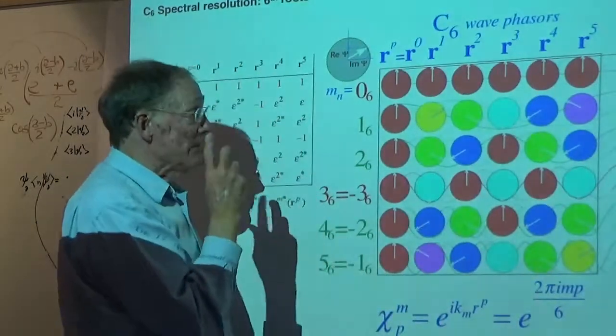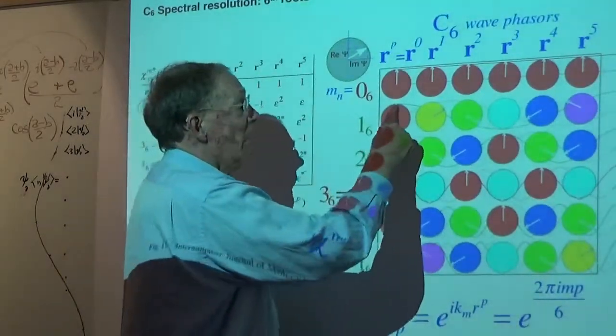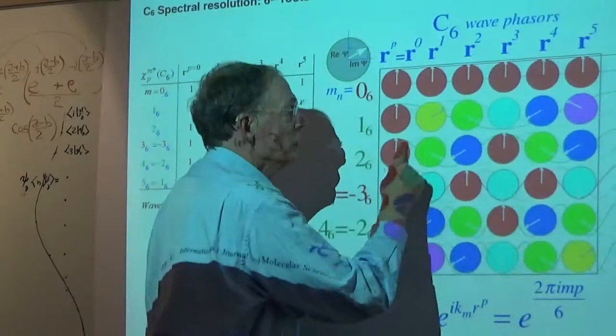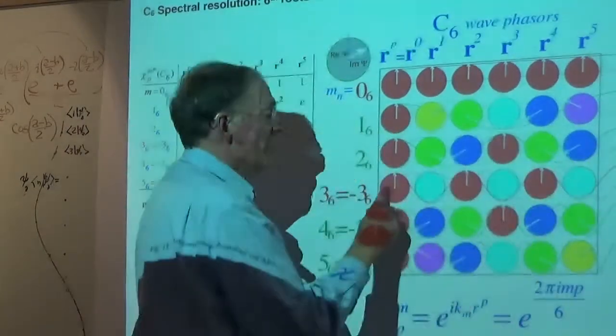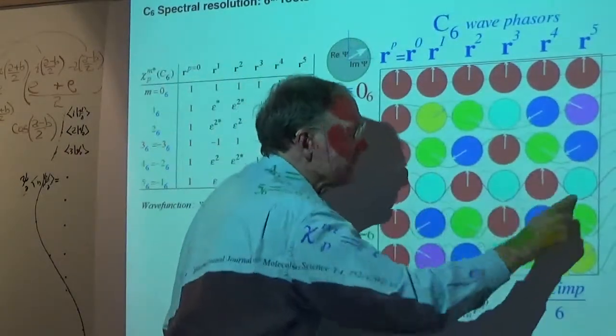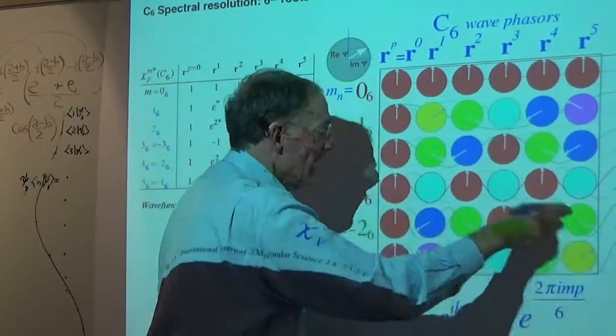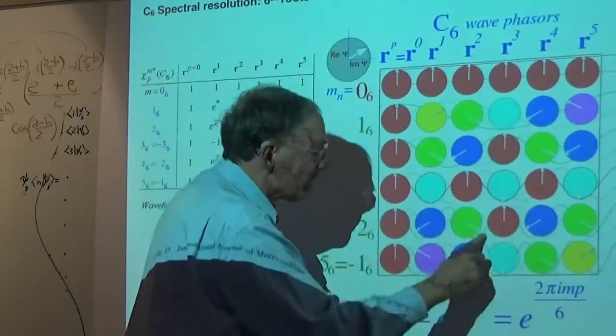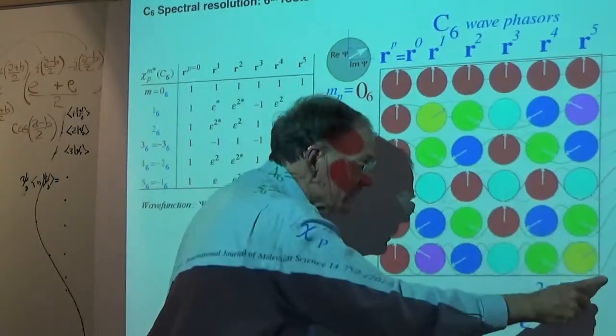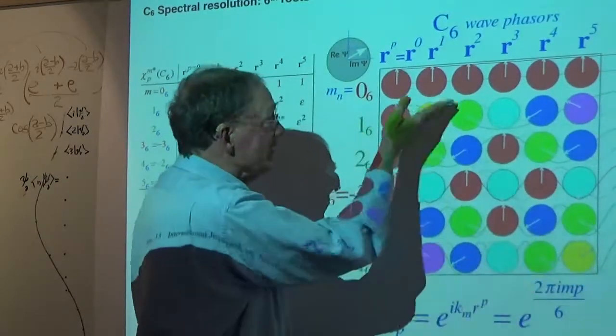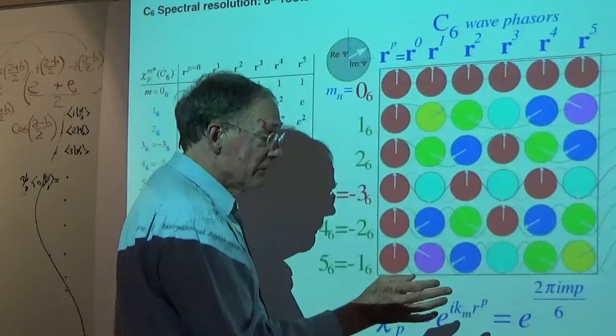Now look what happens. I go 1 mod 6, 2 mod 6, 3 mod 6, 4 mod 6, and 5 mod 6. But this thing's just this thing turned around.